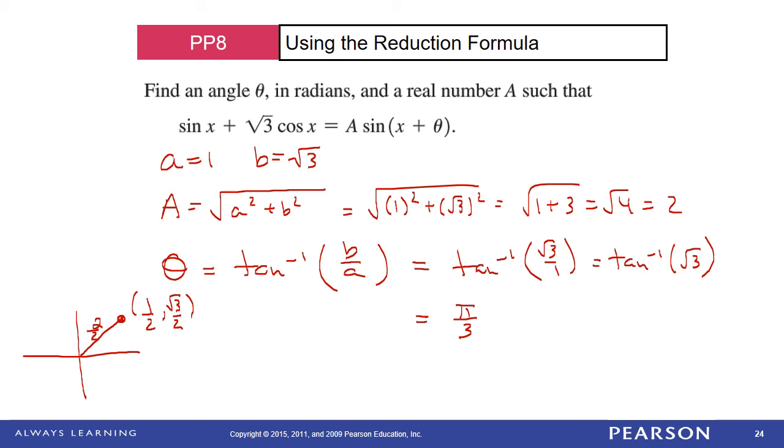That's going to be pi over 3. All right, we found the angle measurement, and we found the real number A, so we're good there. So if you want to rewrite it, that would be equal to 2 sine of x plus pi over 3. There are your reduction formulas. We went from 2 trig functions, sine and cosine, down to 1 trig function.